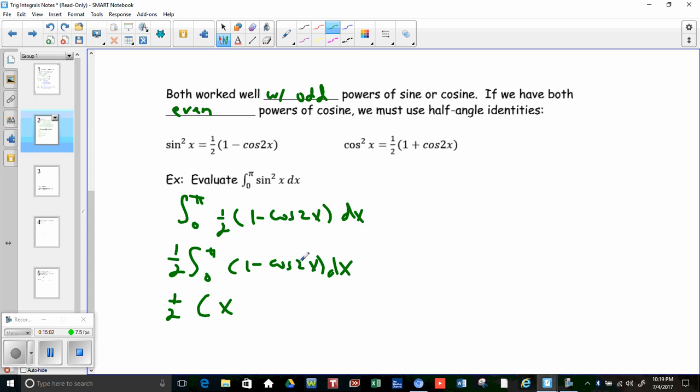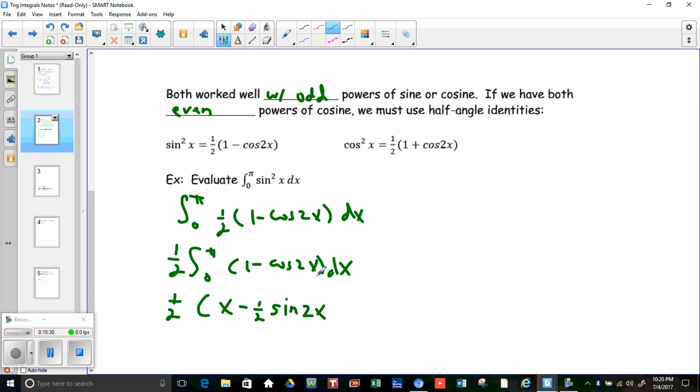Anytime you have a linear angle, the antiderivative is going to be the standard antiderivative of cosine, which is sine. The angle stays the same. The only difference is what I put out front, because if you did a u substitution, you would actually get a 1/2.